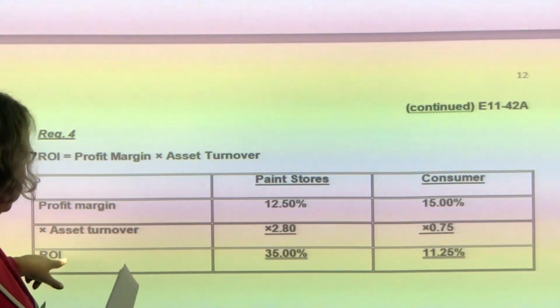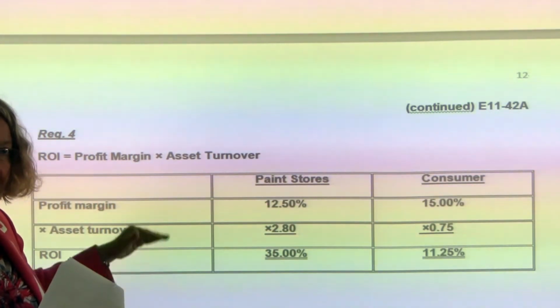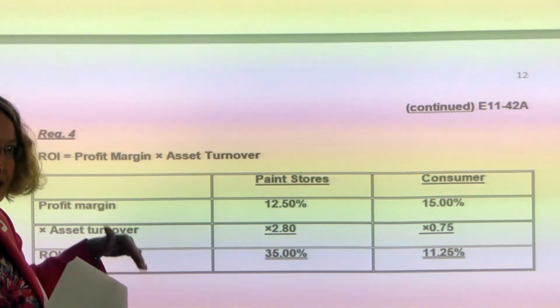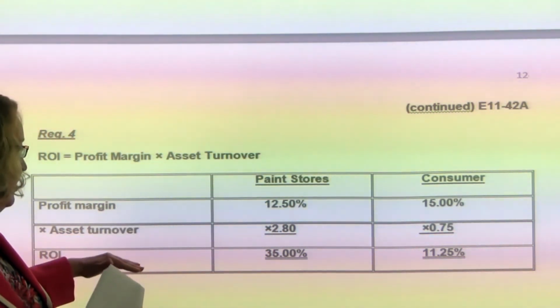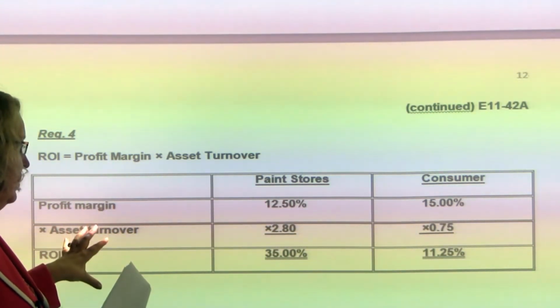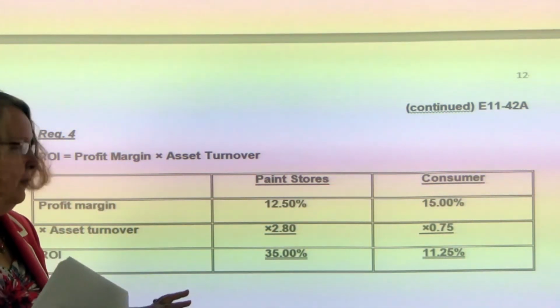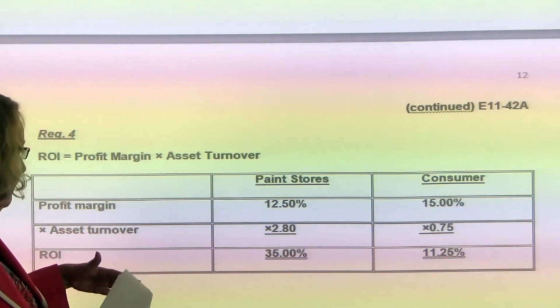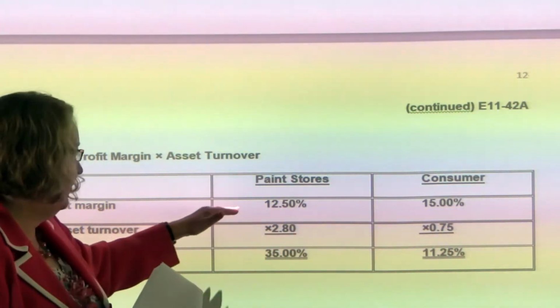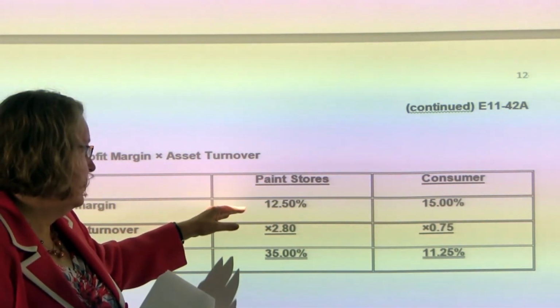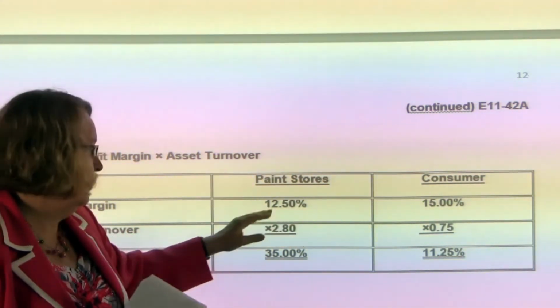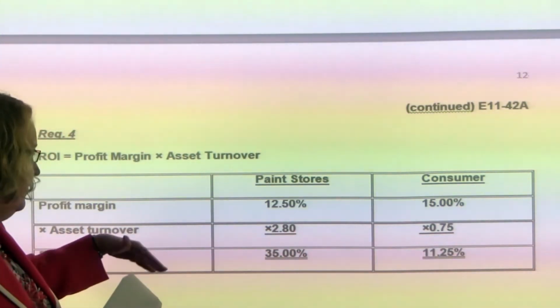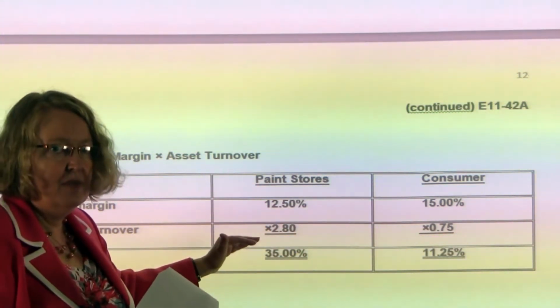So the return on investment is the same regardless of which formula you use, the one in requirement 1 or this approach. The advantage with this approach is it's giving you a bit more information. It's telling you why they're getting such a great return on investment, because although the profit margin for the paint stores is lower than for consumers, their efficiency in asset turnover is much greater.